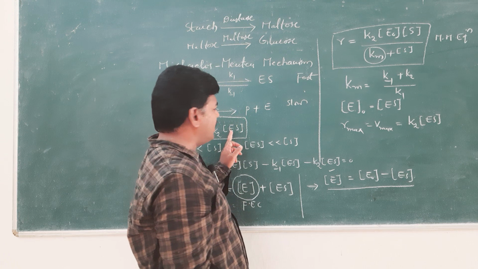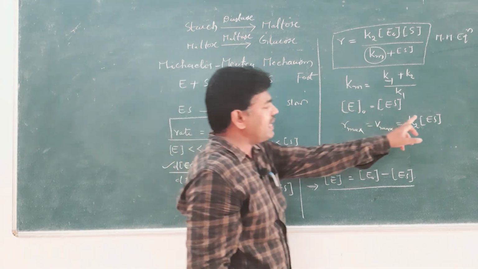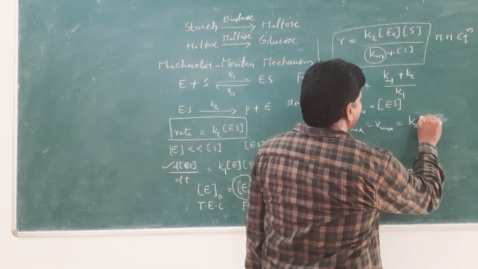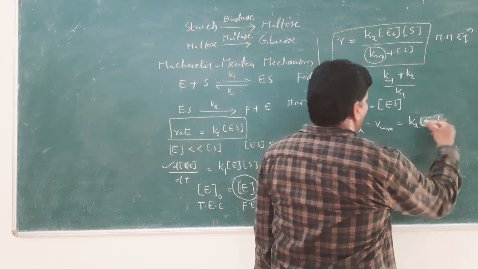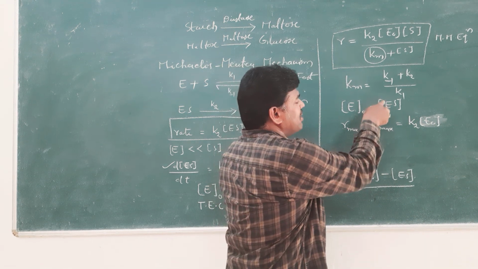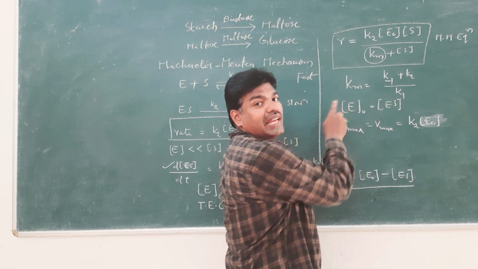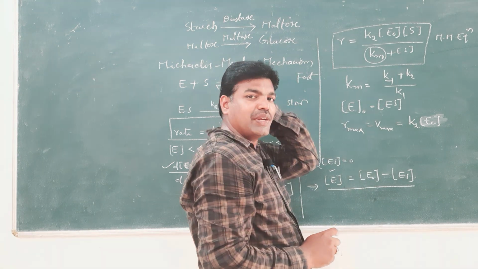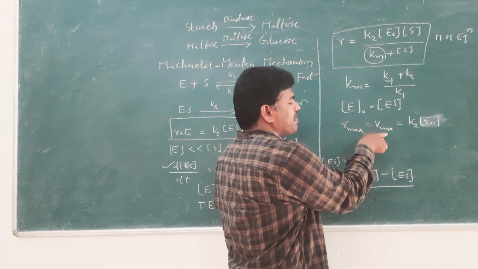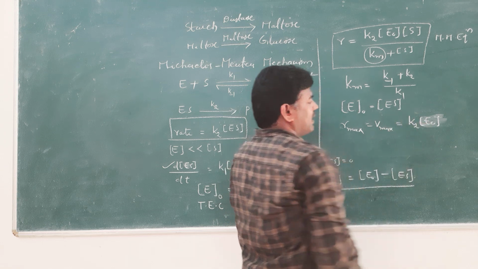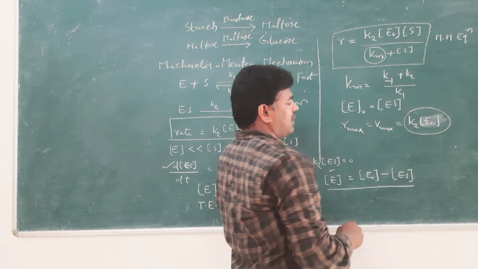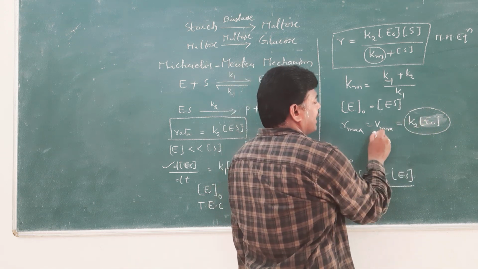And now we can replace the concentration of enzyme substrate complex with E naught, because when all the enzyme is exhausted, the enzyme substrate complex is equal to the total enzyme concentration. So, rate maximum is equal to K2 into E naught, and instead of K2 into E naught, we can write V maximum.